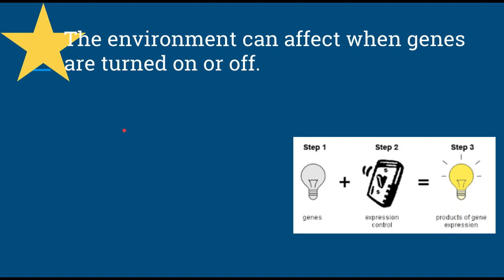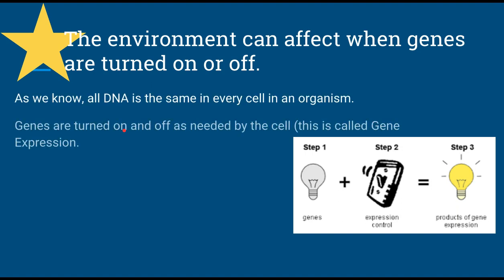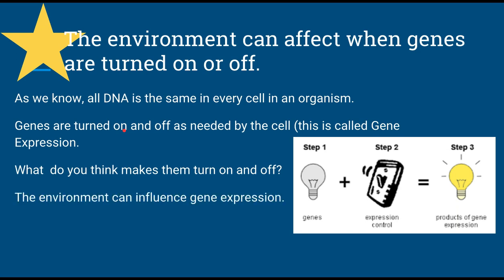So the environment can affect when genes are turned on and turned off. So we know the DNA is the same in every cell of your organism, and they're turned on and off as needed by the cell. This is called gene expression. We talked about this last unit. So what makes them turn on and off? Well, there are a bunch of different things in the environment that can influence gene expression.